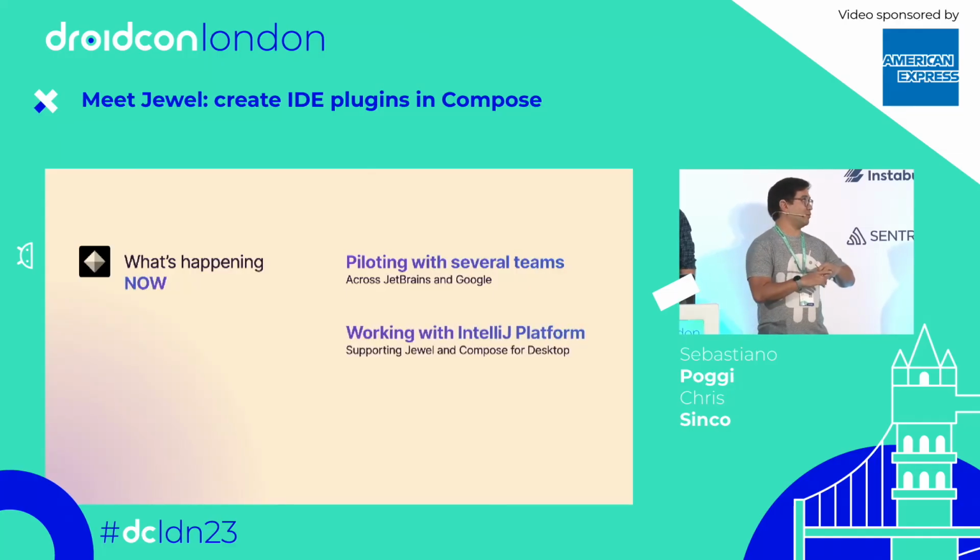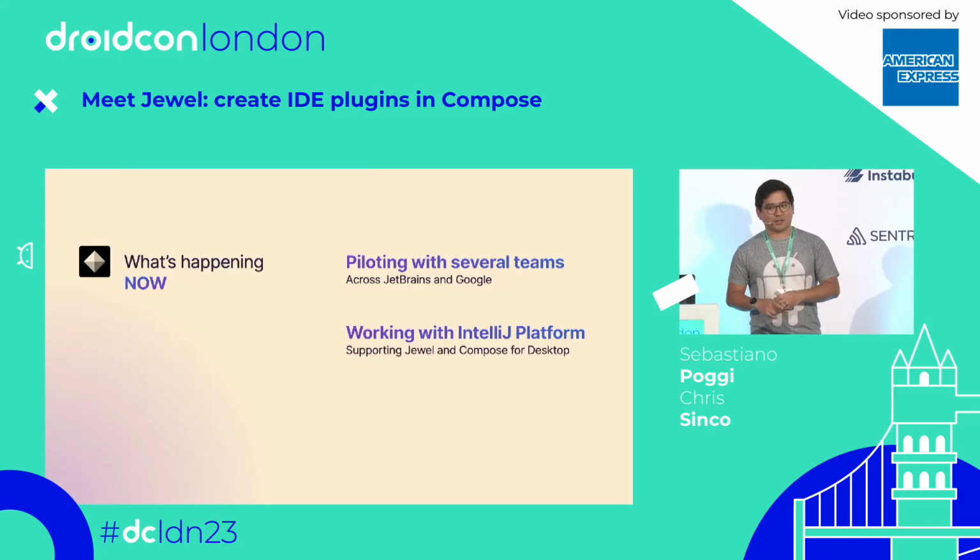At the same time, we are also working with the IntelliJ platform team. With Joule and with Compose, there are different versions, including Kotlin itself. So we want to make sure that it's in the platform, and I think this is the most important piece for third-party developers like yourselves, because if you do want to use Joule, you can add it to your plugin right now, but because it's not in the platform, it will add a pretty big chunk to your plugin size.